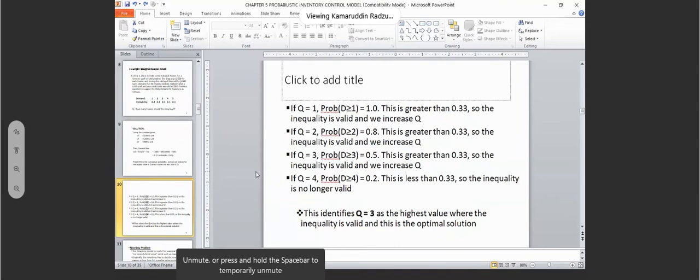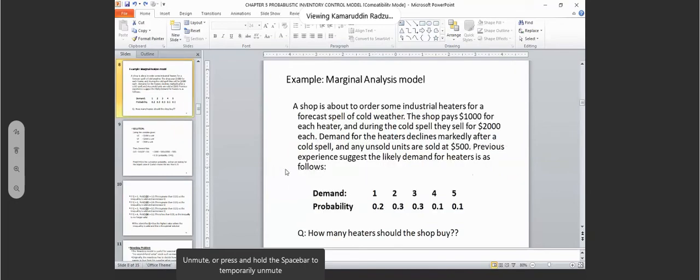And if the Q increases to 3, the probability of demand will be 0.5, because we exclude the probability of 0.1 and 0.2. We exclude the probability of demand for 1 and 2 with the probability of 0.2 and 0.3.